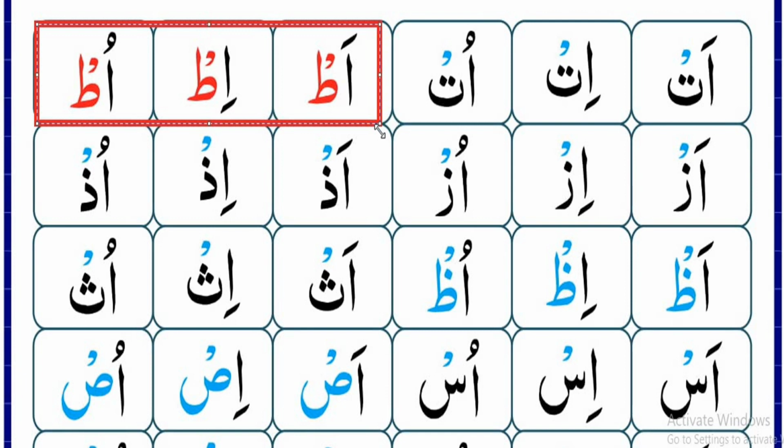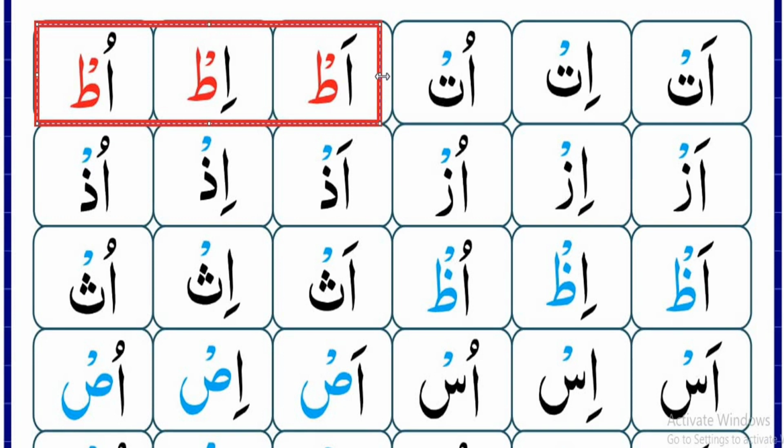Qalqala means movement, and you read some of the letters with a bouncy sound. If those letters are sakin, you read them with that echo sound or bouncy sound at the end.